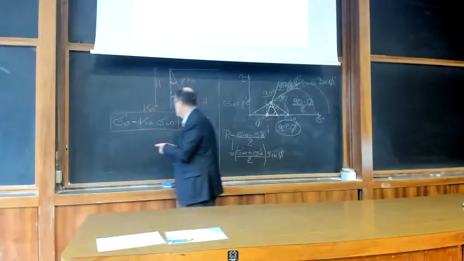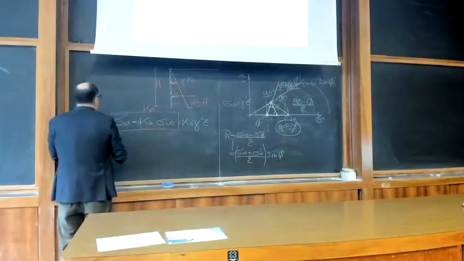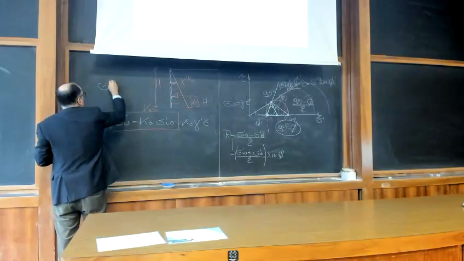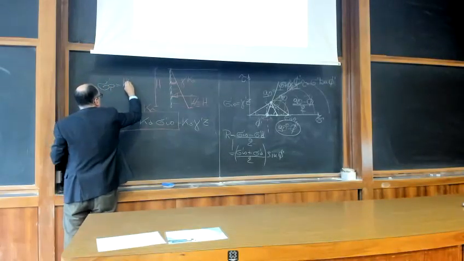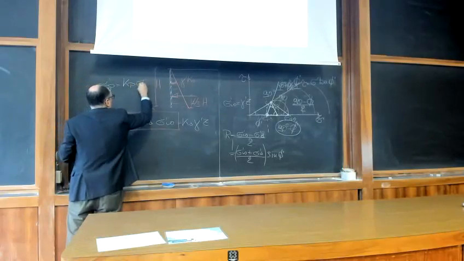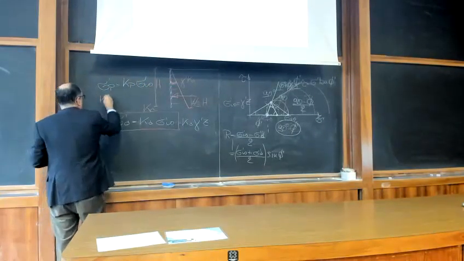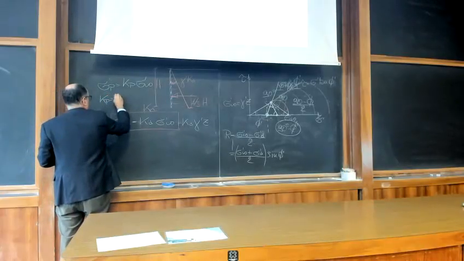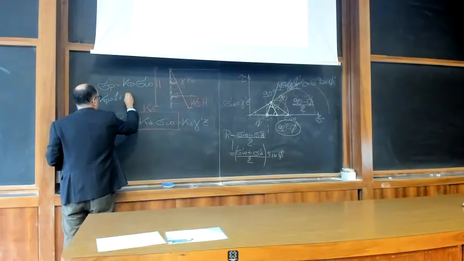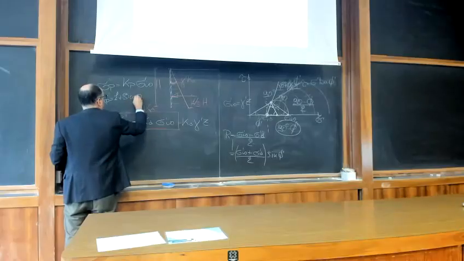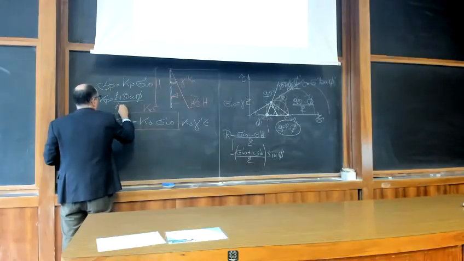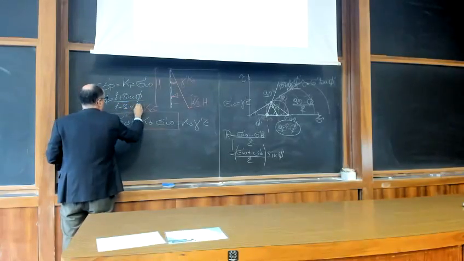So Kp, if you have sigma p, Kp, in passive conditions times sigma v naught. And you find out that Kp is 1 plus the sine of phi divided by 1 minus the sine of phi.